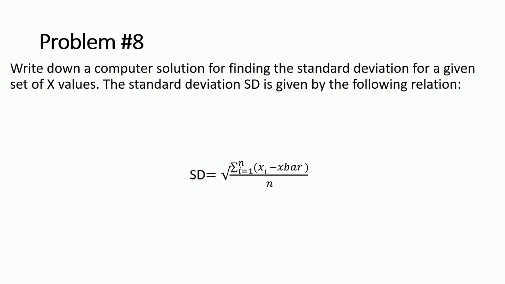Basically, I'm trying to create a type of understanding over here. In the long run, whatever we get under the square root sign, we have to find the square root of, and that finally becomes our standard deviation.